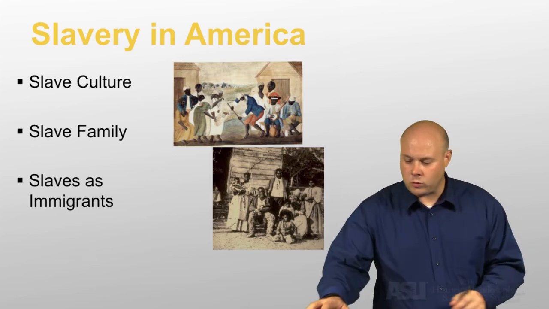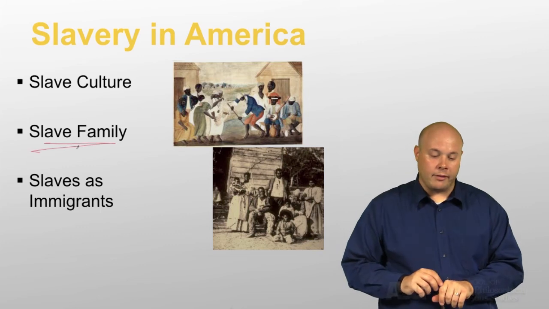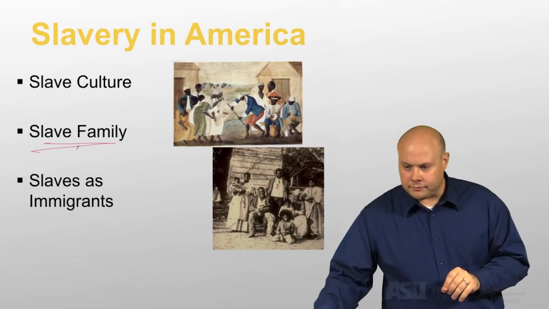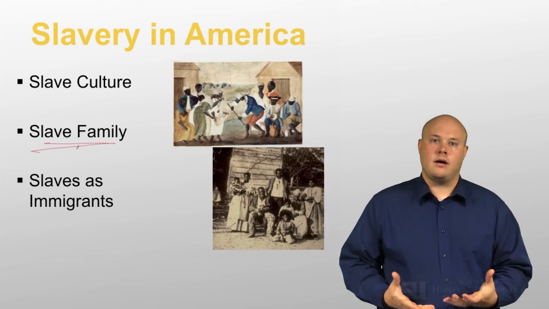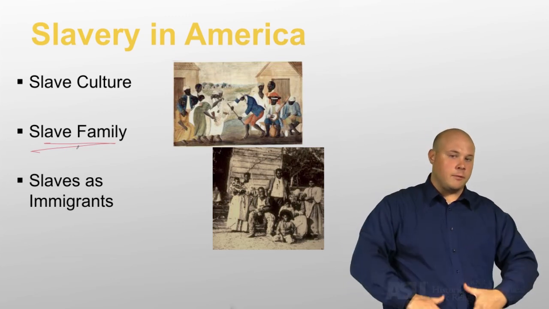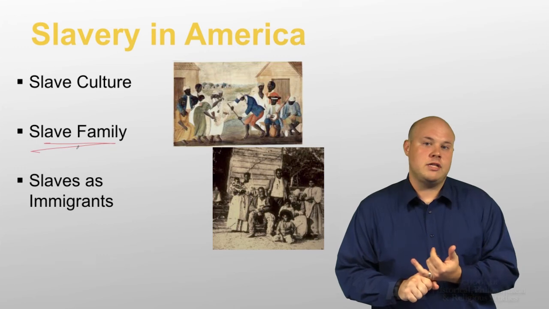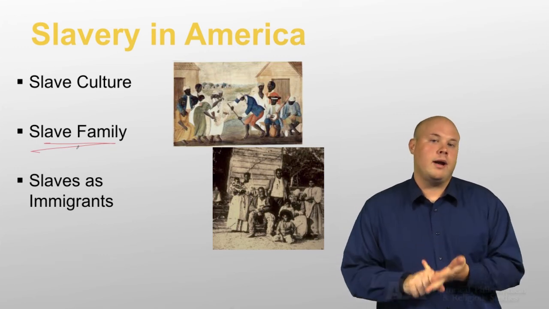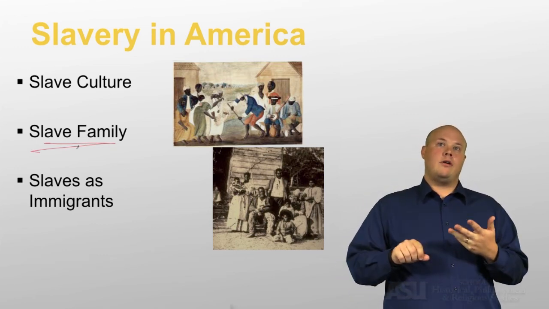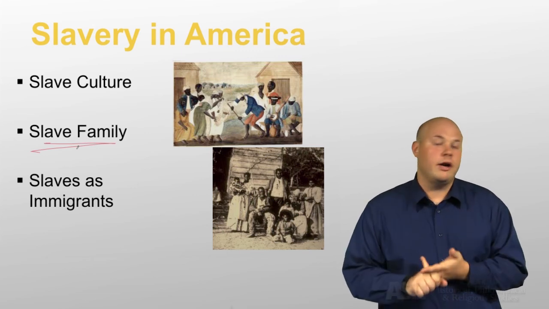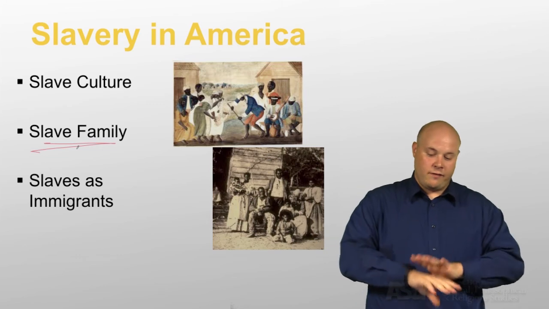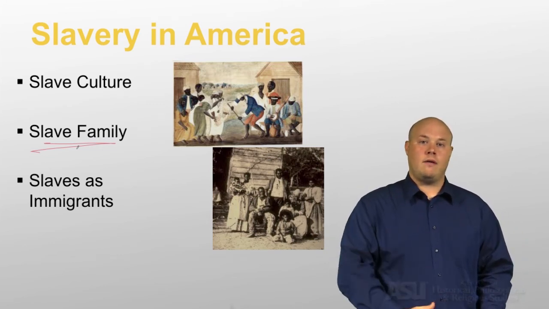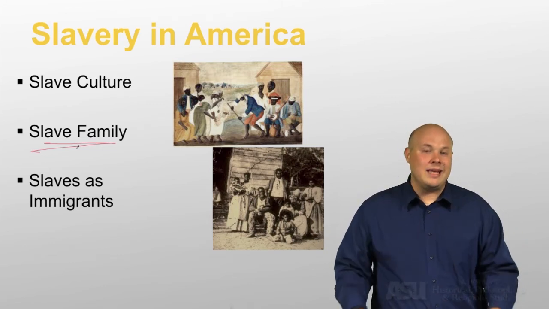But also, too, this one in particular, the slave family, arguably one of the most dramatic developments of enslaved peoples, because they have no protection of these families. These families can be broken up at any time. There's no marriage certificate they have, no marriage protection. These families, the father can be sold off, the mother can be sold off at any given time.